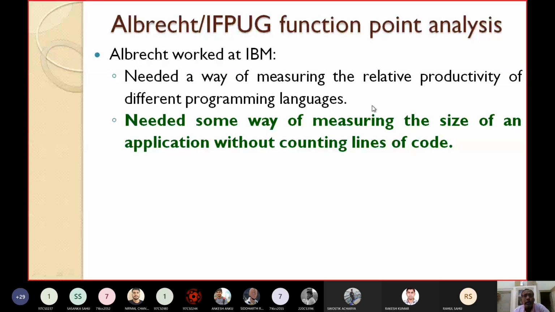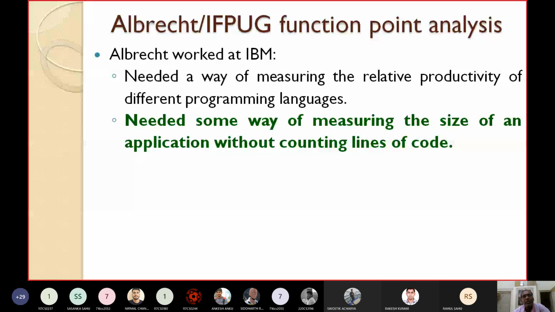He also needed some way of measuring the size of an application without counting the lines of code. That's very important, because in case of LOC, you have to count one by one, line by line.